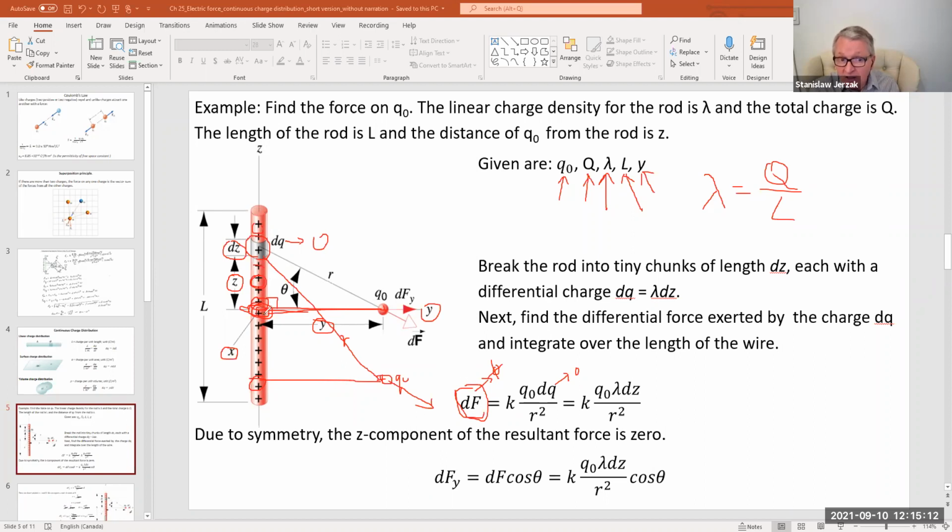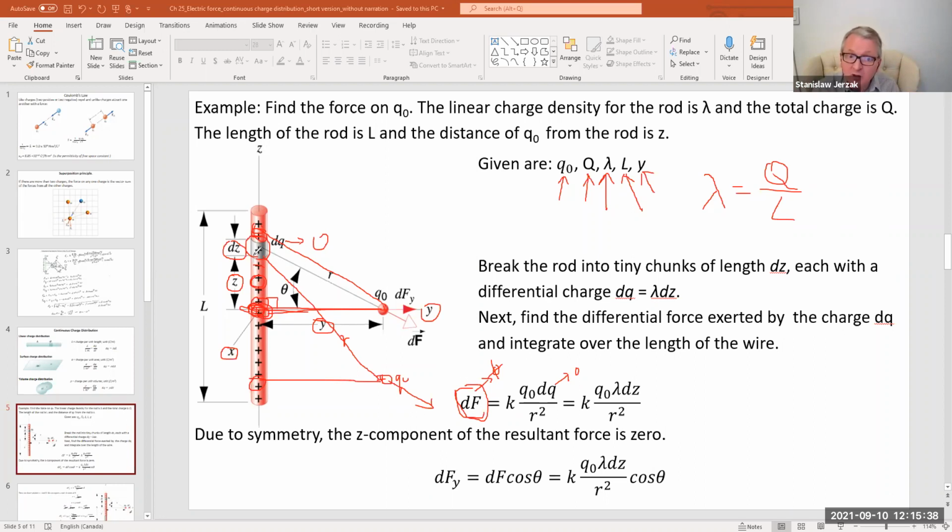And if I select this charge somewhere here, then I would not see the relation between distance r and, let's say, if I take a chunk of charge here, the r will be different. You see, r will be changing. And to reveal the relation between r and z and this angle here, theta, you have to select that chunk at an arbitrary position.